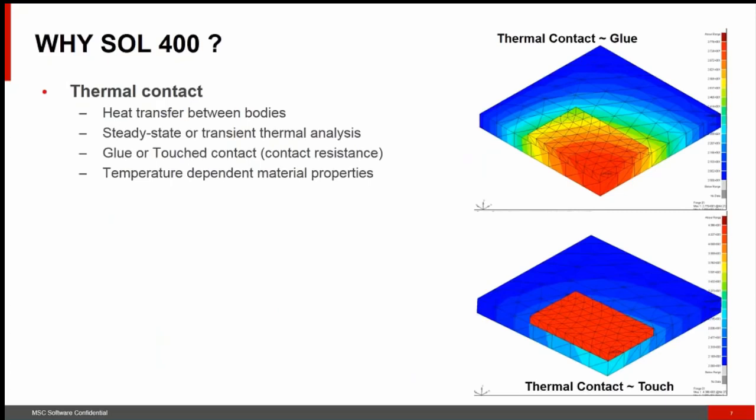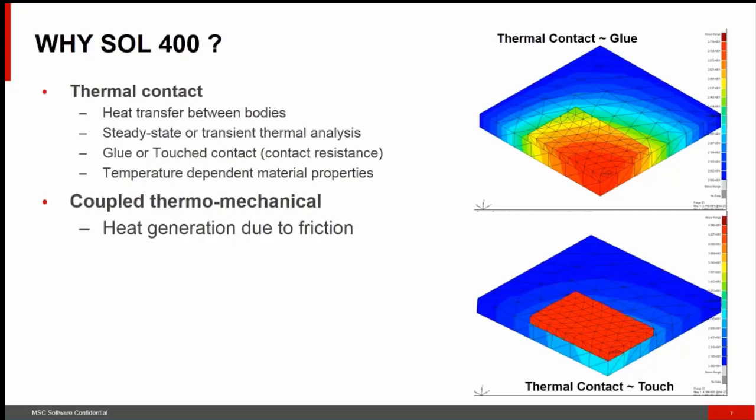For the glued one, you can see the temperatures are continuous across the interface due to the contact. As for the touching one, you can use touching contact to simulate the contact resistance between the bodies. You can see here that there is a temperature drop between the two parts when we're using touching contact.